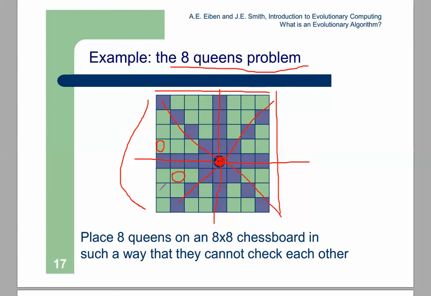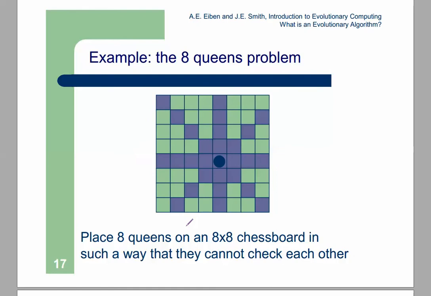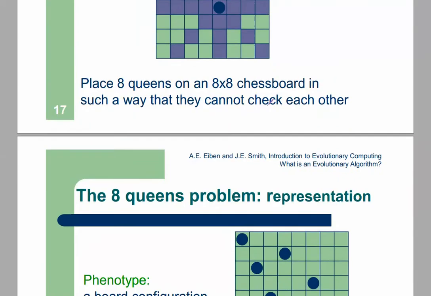But you can't put one here, for example, because it crosses or touches a previous queen. The 8 queen problem is a classic problem for EA that can find the best locations for the 8 queens on the chess board so that no one touches another.